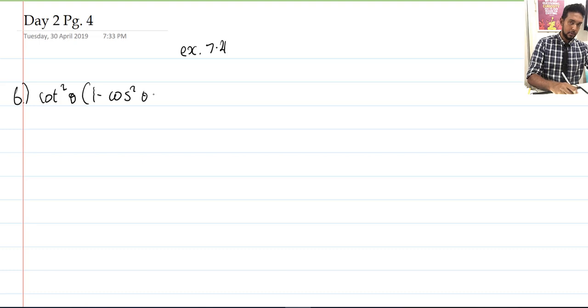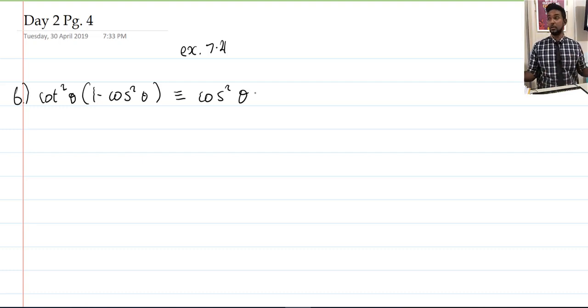So number 6 reads as follows. We have cot squared theta by 1 minus cos squared theta is identical to cos squared theta. Cot squared we know is 1 over tan squared, right? What's the other way we could write 1 over tan squared?